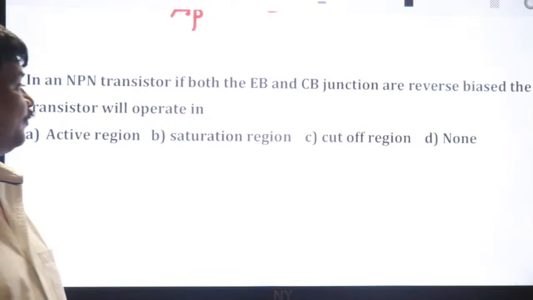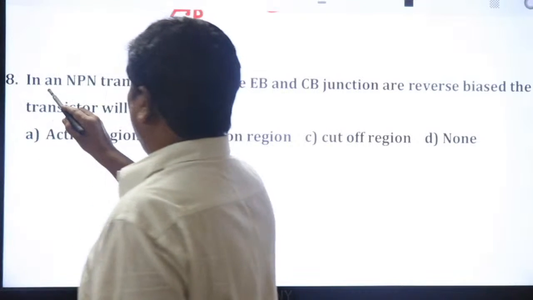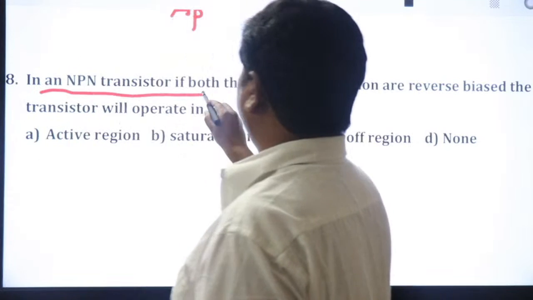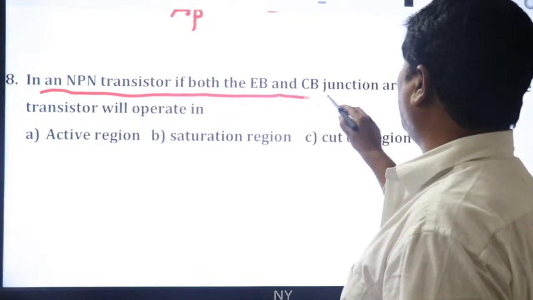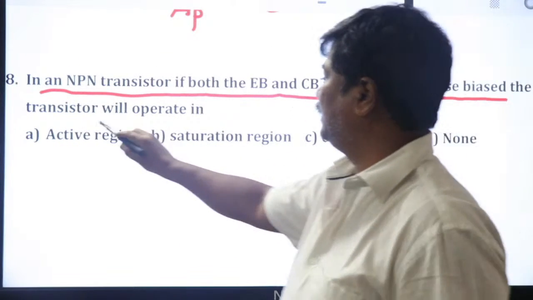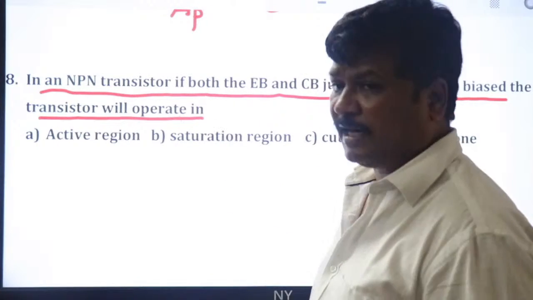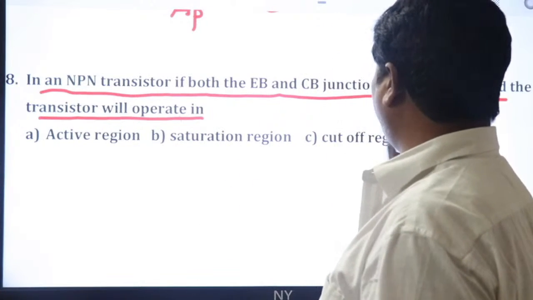Now, in a PNP transistor, if both the emitter base junction and the collector base junction are reverse biased, the transistor will operate in, as we already discussed, the cutoff region.